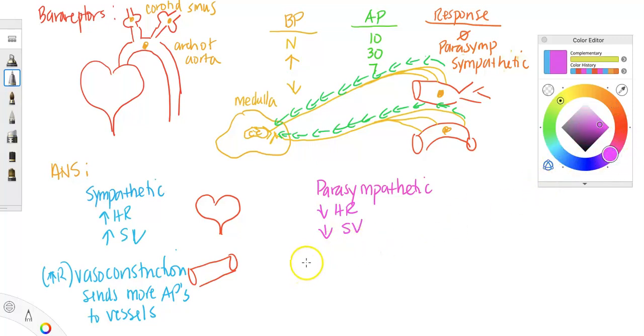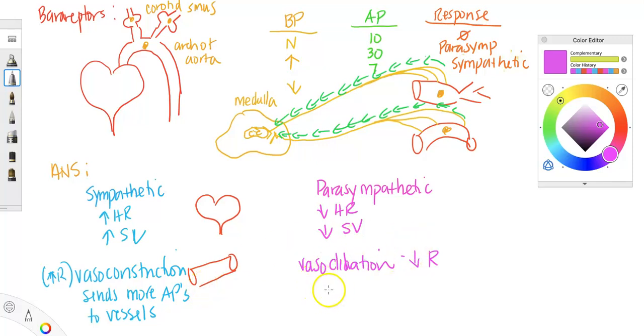The parasympathetics will cause vasodilation to decrease the resistance. But how does it do that? Because it does not have innervation to those vessels.